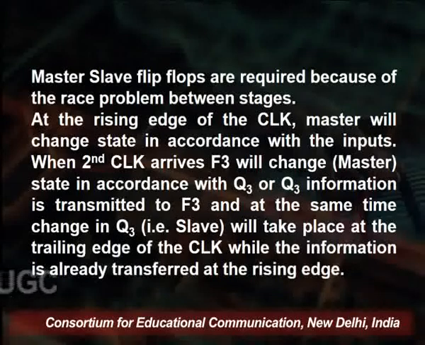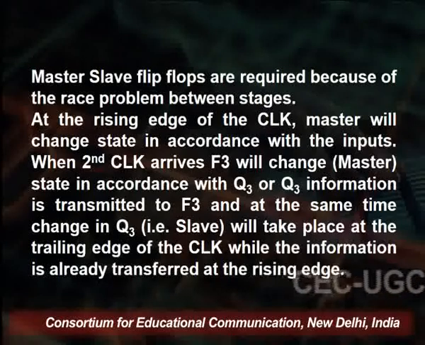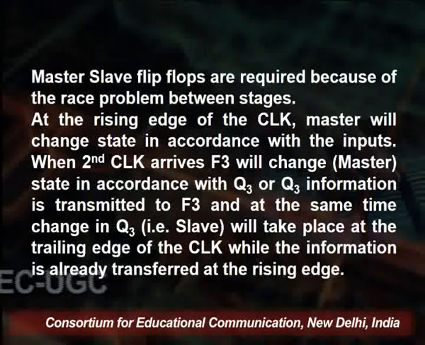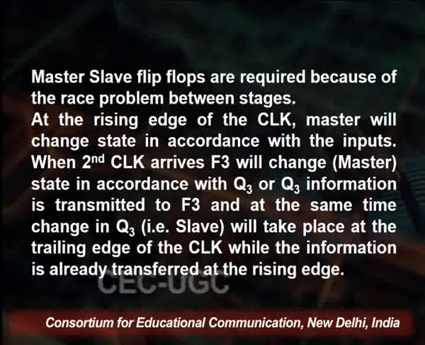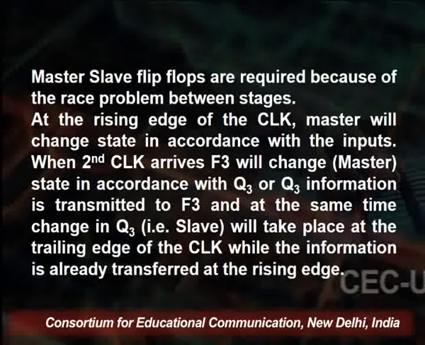A case in point, when the second clock arrives, F3 will change, which is the master state, in accordance with Q2 or Q1, and the information is transmitted to F3. And at the same time, in Q1, that is the slave, the change would take place at the trailing edge of the clock, while the information is already transferred at the rising edge. This way, we are able to prevent the race around condition.